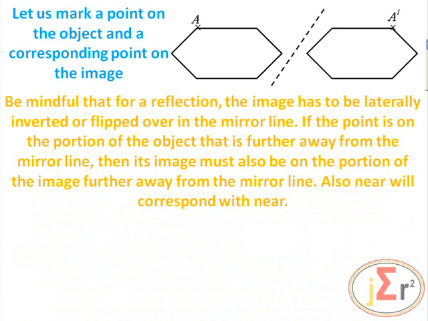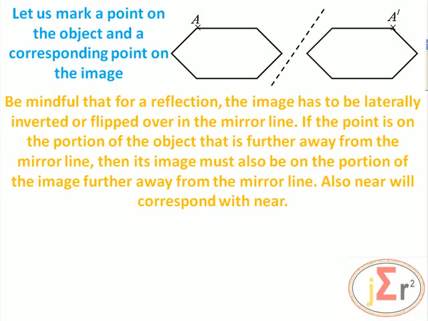Be mindful that for a reflection, the image has to be laterally inverted or flipped over in the mirror line. If the point is on the portion of the object that is further away from the mirror line, then its image must also be on the portion of the image that is further away from the mirror line. Also, nearer will correspond with nearer.